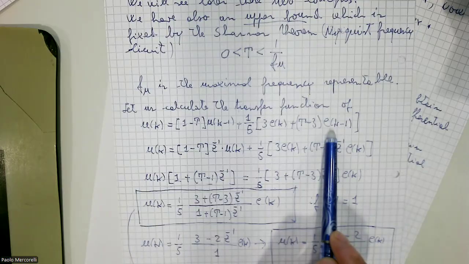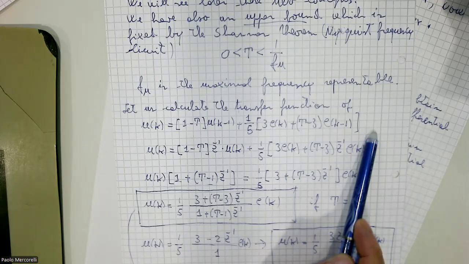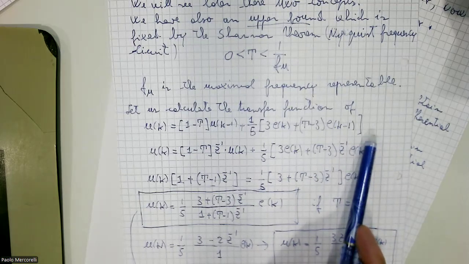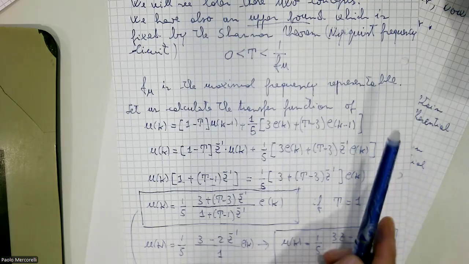I cannot accept an E of k plus 1. Because if I have an E of k plus 1, I have a non-causal system.